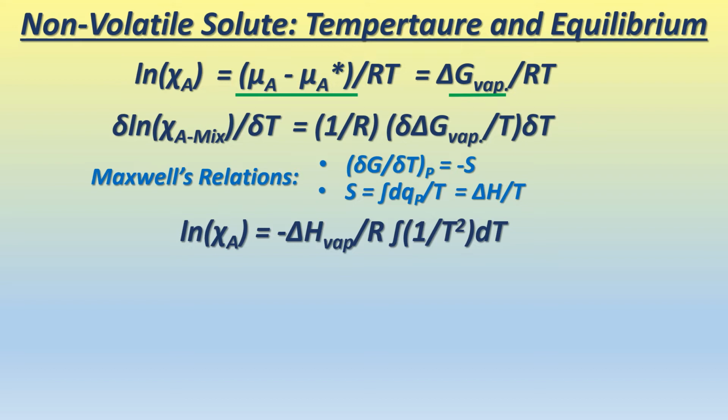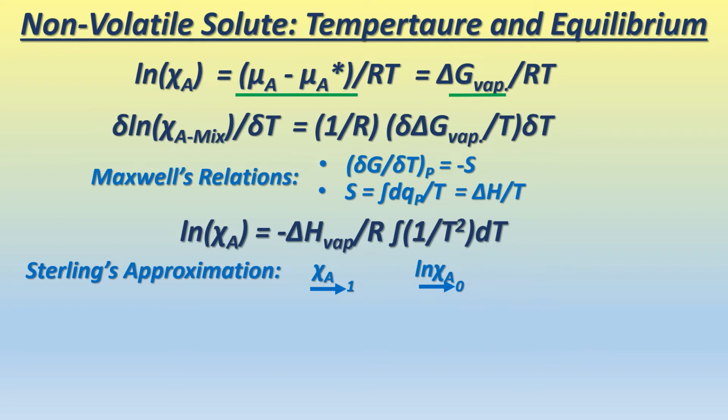This will eventually wind up looking a lot like general chemistry. This can be simplified in a couple of ways. First of all, we are talking about very dilute solutions where the mole fraction of solvent is very close to 1. So using Stirling's approximation, as the mole fraction of solvent approaches 1, the log of 1 approaches 0.